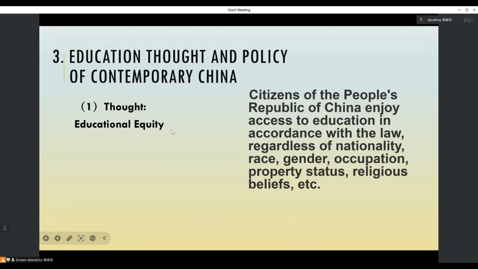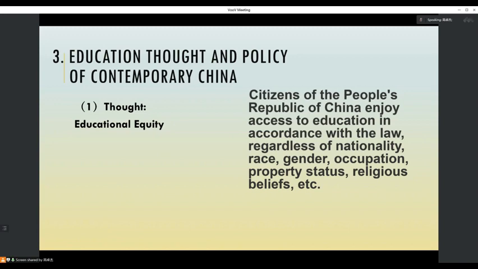Educational equality. Look at this slide. Citizens of the People's Republic of China enjoy access to education in accordance with the law.